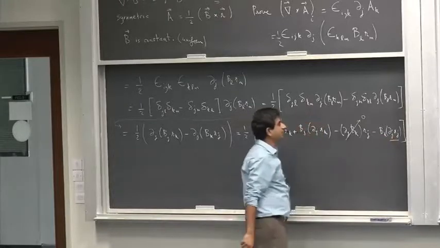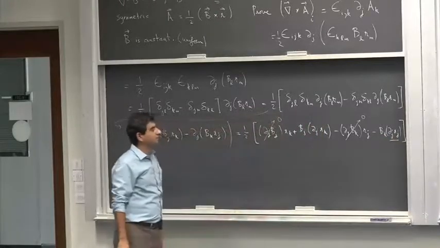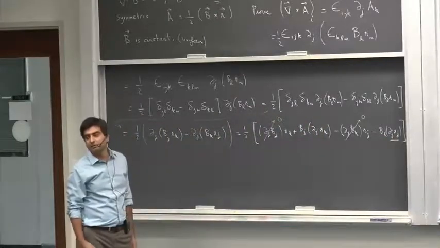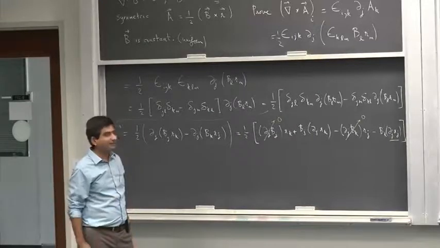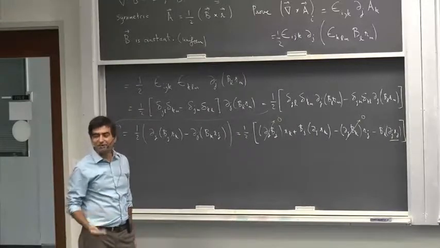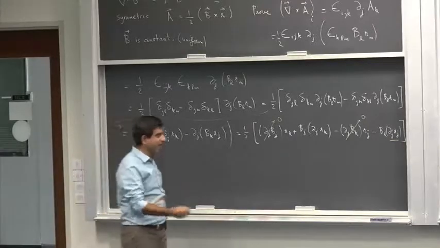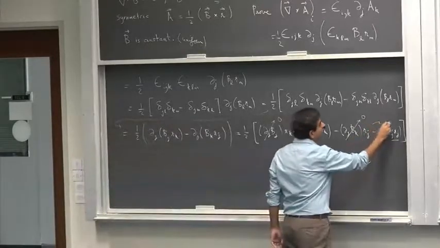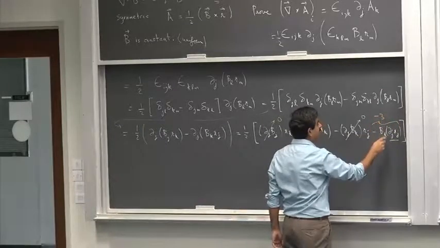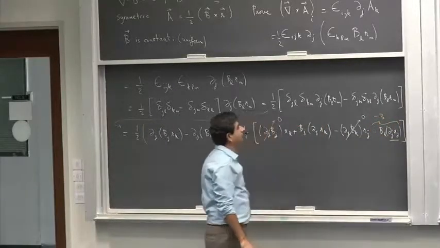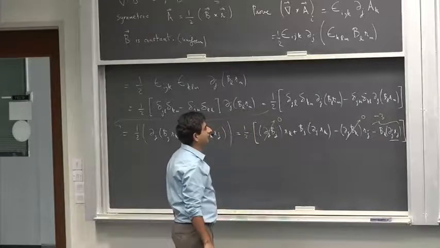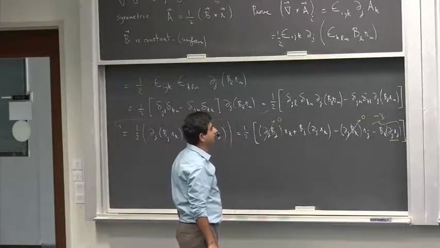Partial j r_j. It's the number 3. It's partial x of x plus partial y of y plus partial z of z. So it's 3. So this term is minus 3.